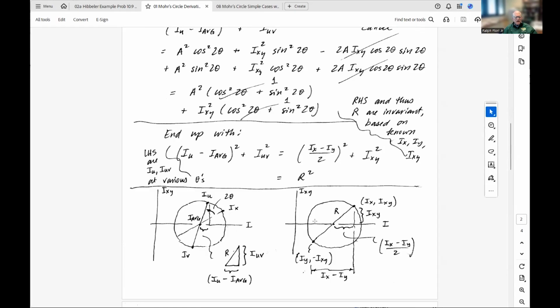It looks like a horizontal distance, and it looks like a y distance, and this guy squared plus this guy squared is an r squared. So this looks like a triangle, which it is. And again, this term gives us a radius for a circle. And this is a fixed length or a fixed size, again, because IX, IY are fixed.